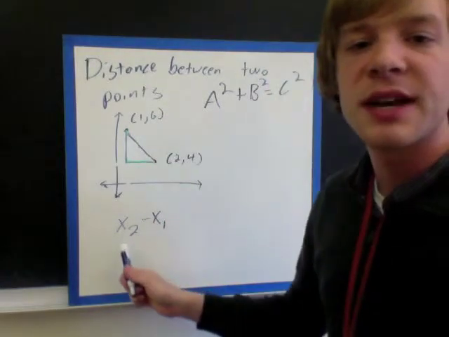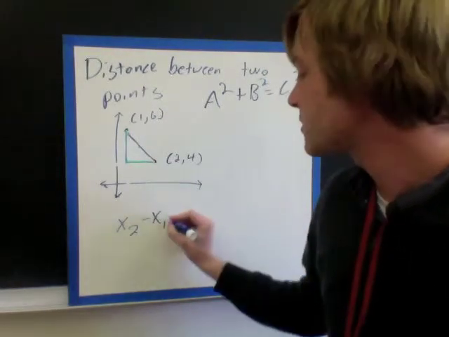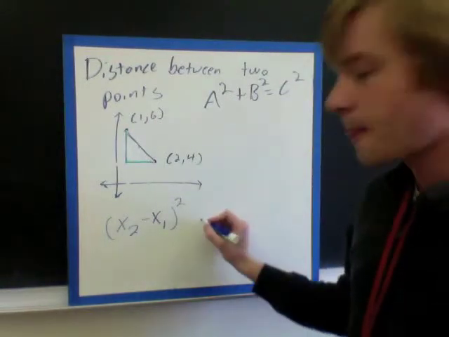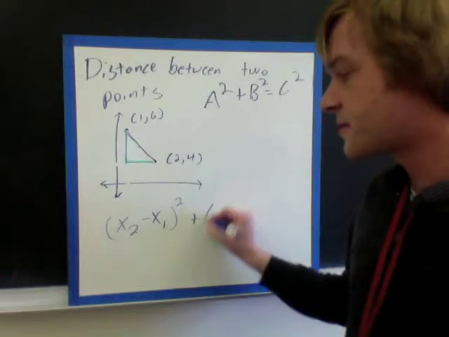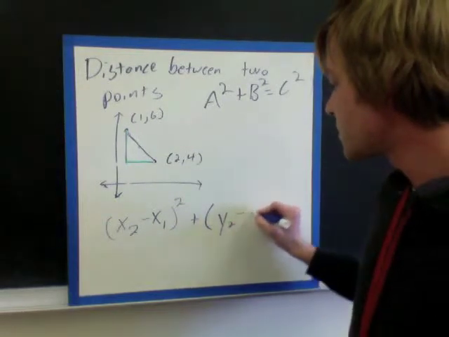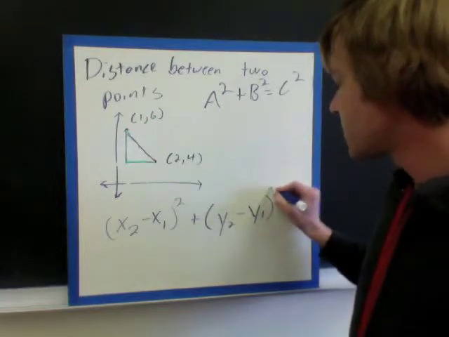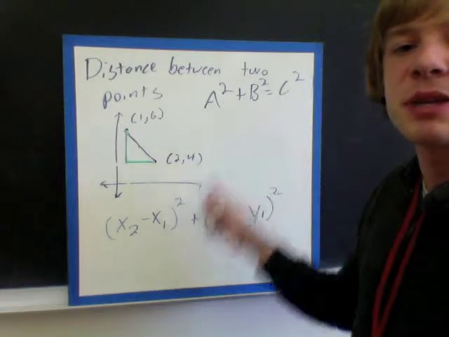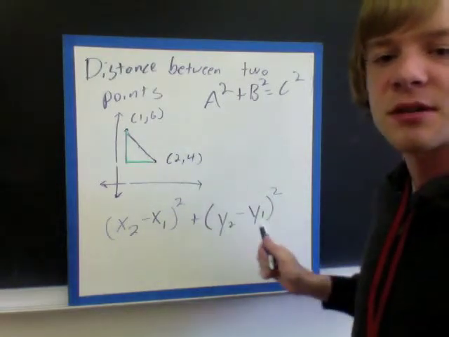the second x value minus the first x value, squared, plus the second y value, squared. And notice this looks very similar to up here. Instead of a and b, we have the parentheses here.